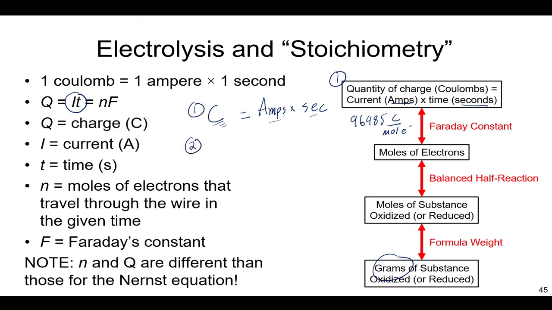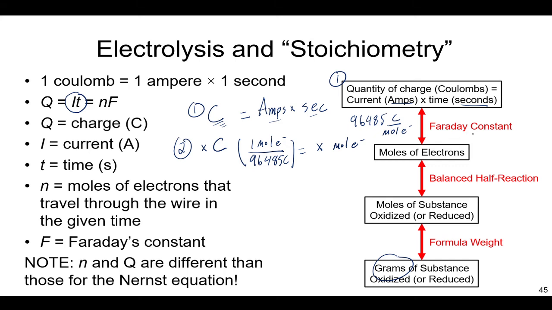So if you know the coulombs in step 1 up here, step 2, you can take that coulombs and do some straightforward dimensional analysis. So whatever X number of coulombs you've calculated in step 1, you divide that by 96485 coulombs per mole of electrons, to get X moles of electrons.